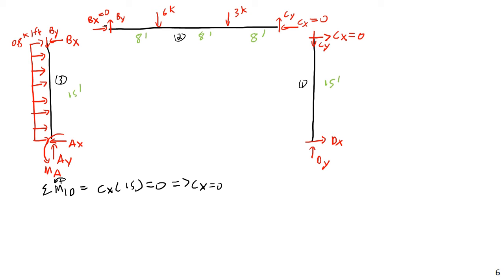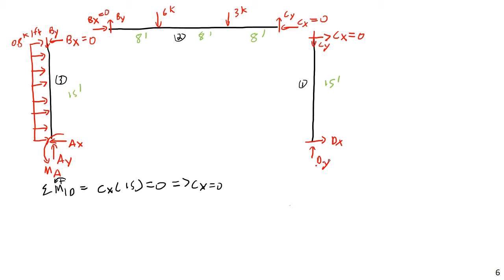Now, these could have non-zero values, but only if B and C both had equal and opposite values. There are only 2 horizontal reactions, no external loads. So if one of these is equal to 0, then both of them are equal to 0, and that's equal to 0 there as well. Okay, so we have that. That's some progress.